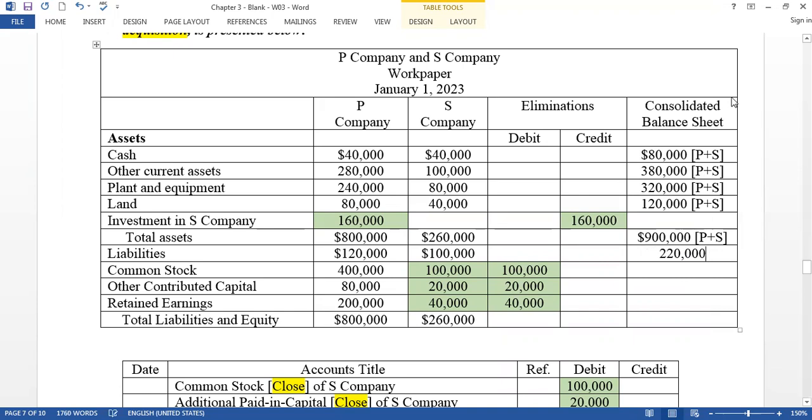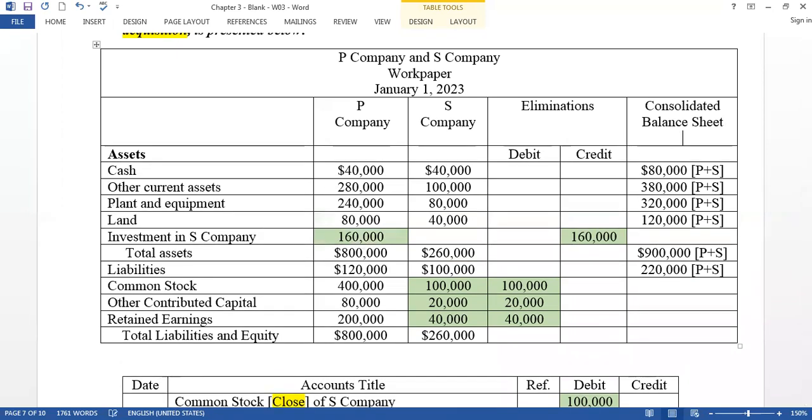And this is the total liability of parents company and subsidiary company. So I told you that under the balance sheet. So this is the balance sheet. You know that balance sheet have three columns: asset equal liability plus equity, right? So this asset is the parents company's and subsidiary company's asset. This liability is the parents company's and subsidiary company's liability.